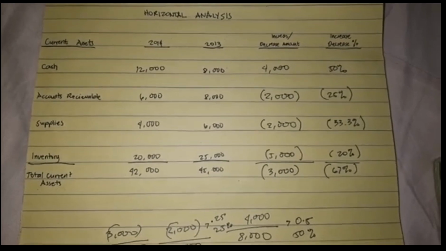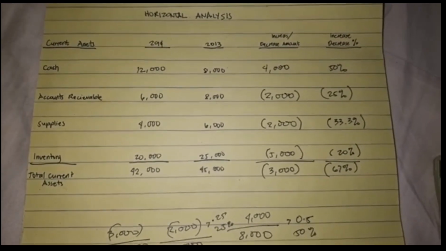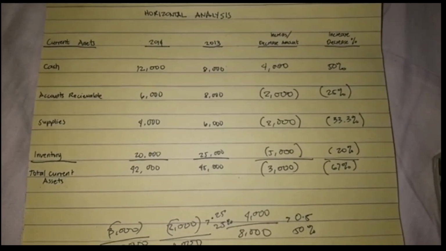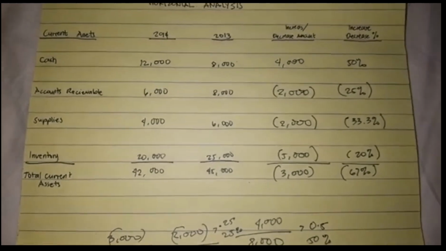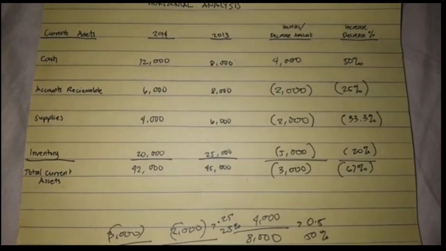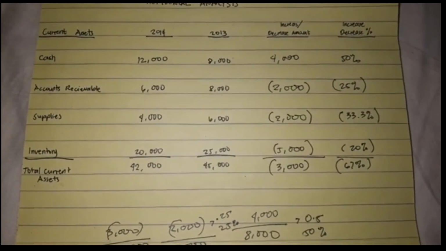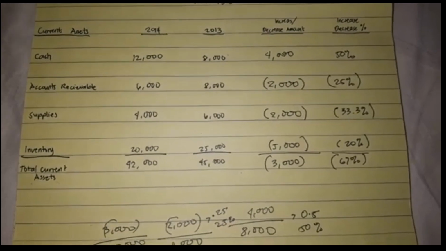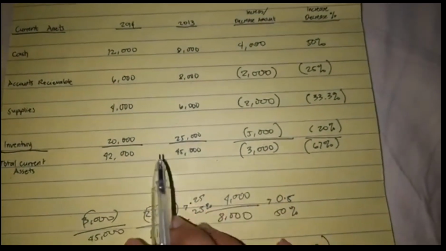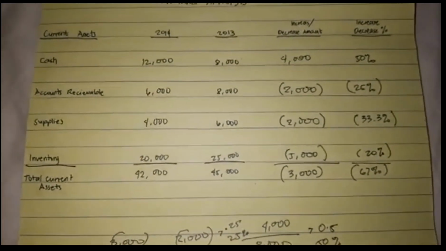Those are some of the things that we look at, where the changes are from year to year, and how we are doing in those areas. So this is just a snapshot of one portion. You can do this with your income statement, and also with the full balance sheet. Thank you.